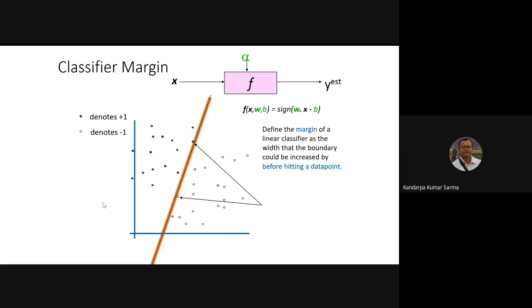So a number of them can be generated, and then we can have a margin from the linear classifier, that will give the width that the boundary could have, and that will prevent misclassification or crossover during the classification boundary laying, and can help in making the recognition performance reliable.